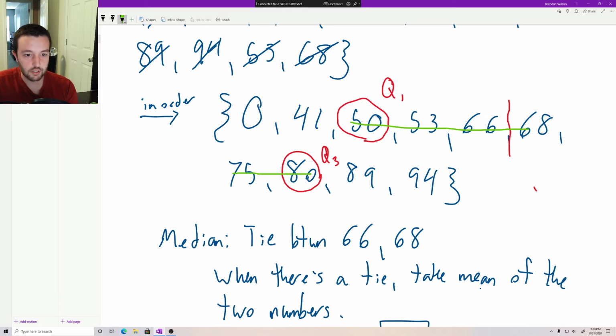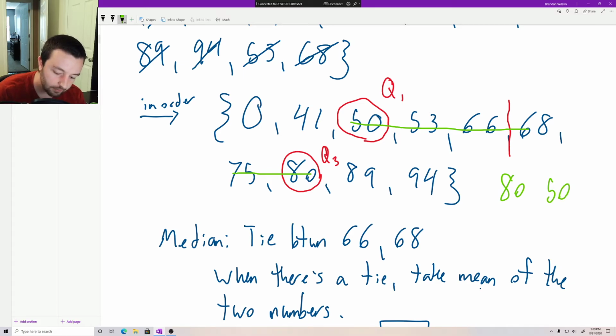So here the interquartile range is the difference between Q3 and Q1. So that's 80 minus 50. Remember, difference means subtraction. So we get 30. So there's about a 30-point spread in the middle here.